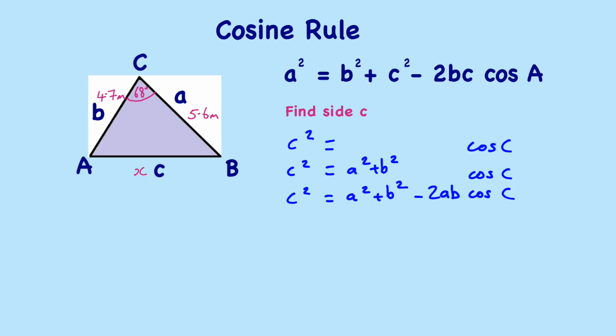Now, if the triangle had this side labelled as side B, and we were trying to find it, it was our unknown x, we would do the same thing with B. So instead of writing A there and big angle A there, we'd change that to small b, that to big B, and then we'd change these two letters as well, which would be C and A.